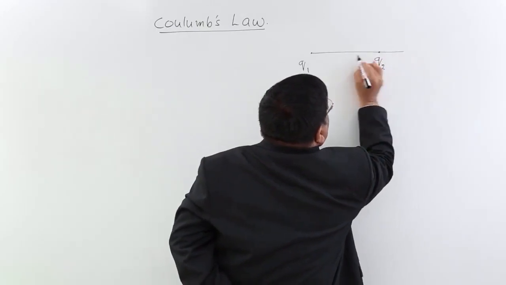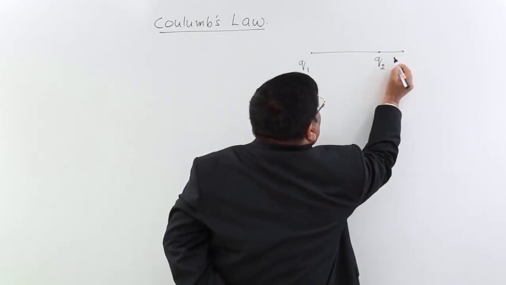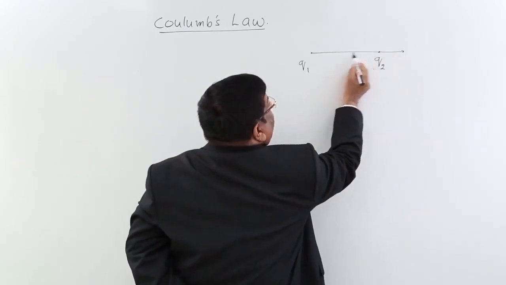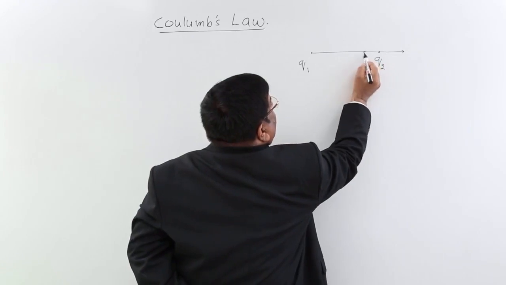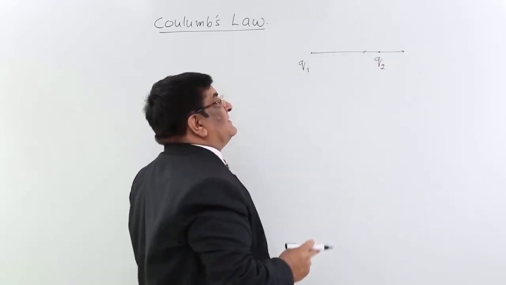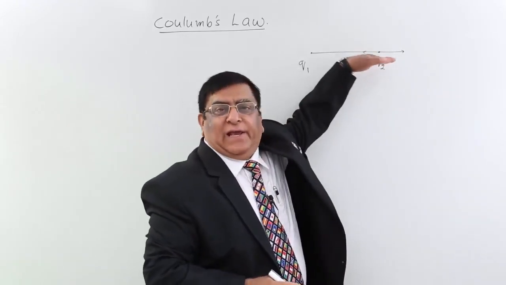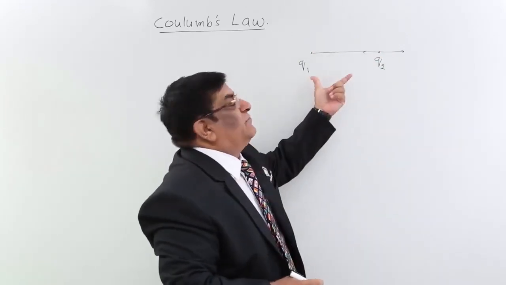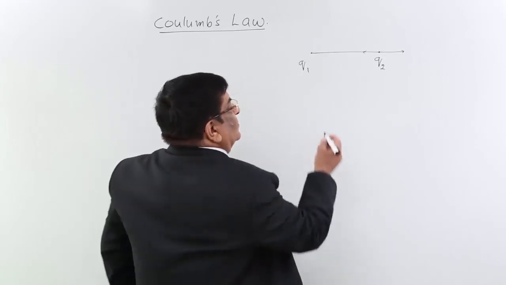If it is repulsion, we will show it this way. If it is attraction, then we will show it this way. But in any case, the direction will be along the line. Please remember. The second thing: what should be the magnitude of the force?